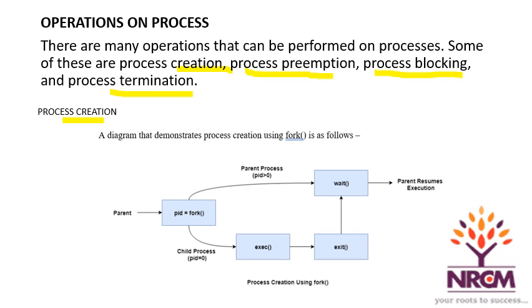In unit 1 we have discussed system calls. If you want to create a process, it generates the fork system call. With the help of this fork system call, the process creation will be done. I think you can see the diagram.